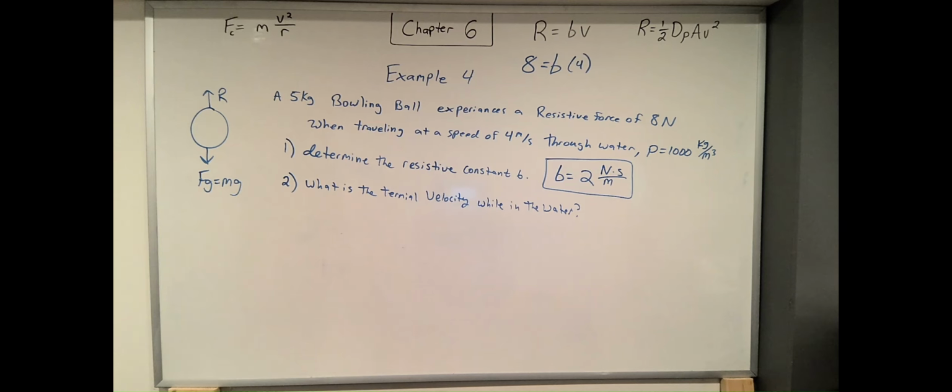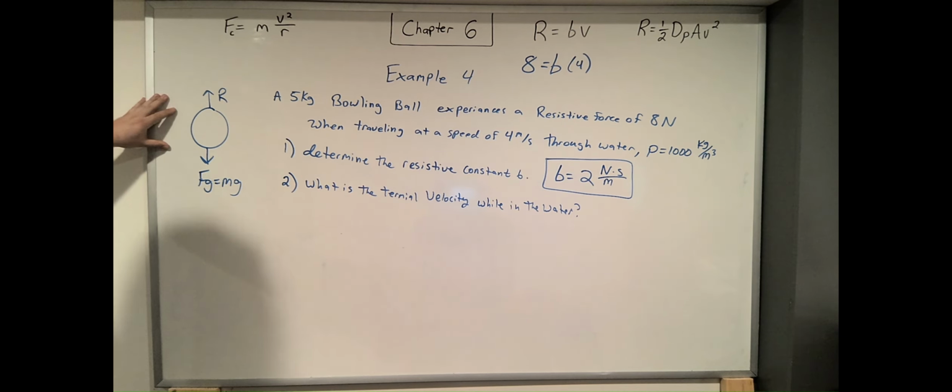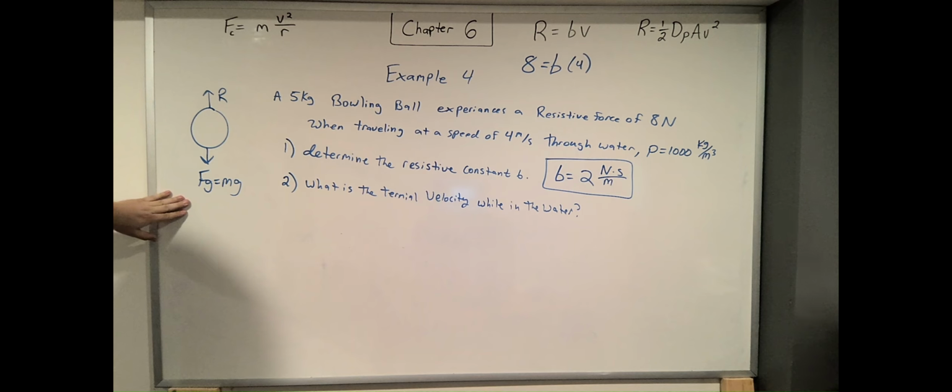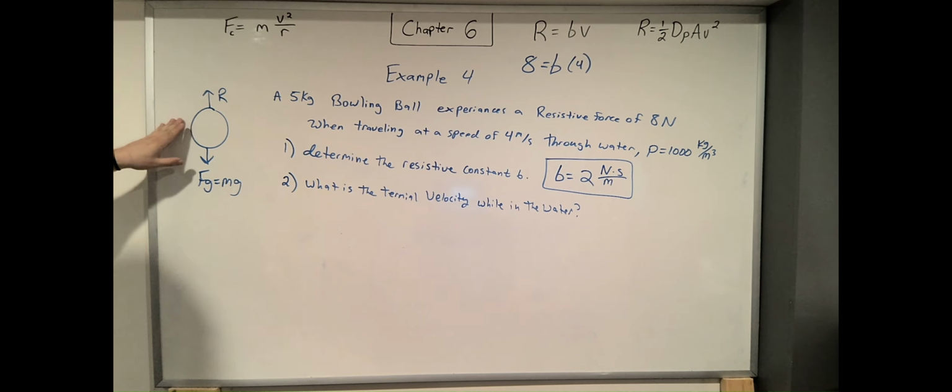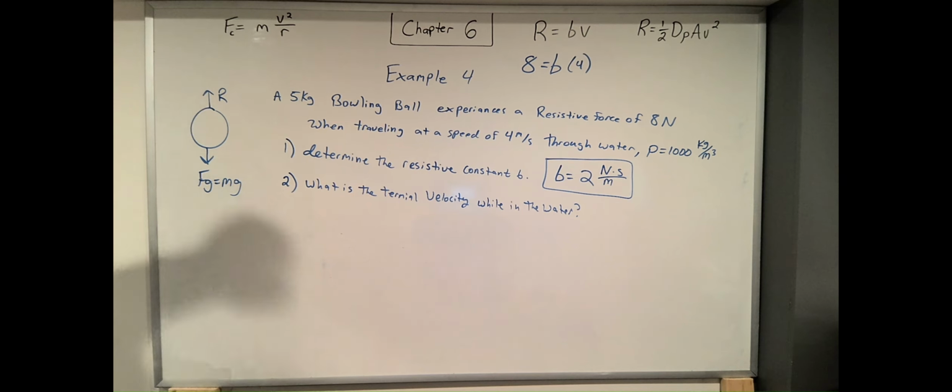Part 2. What is the terminal velocity while in the water? For that one, we're going to have to figure out what our terminal velocity equation is. So if we draw a free body diagram, I have the force of gravity pulling down, that's always equal to mg, and I have this resistive force pulling opposite of the motion.